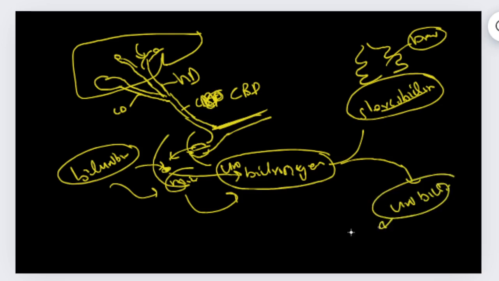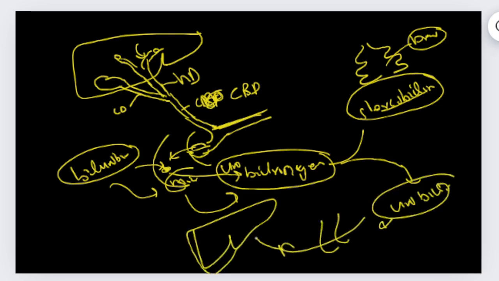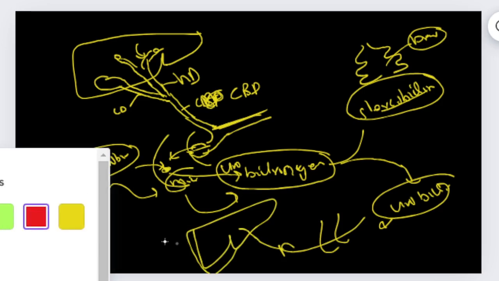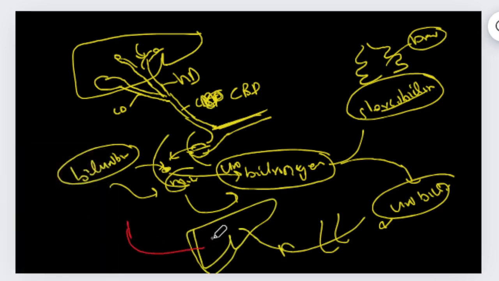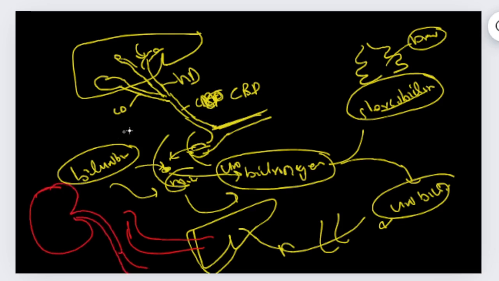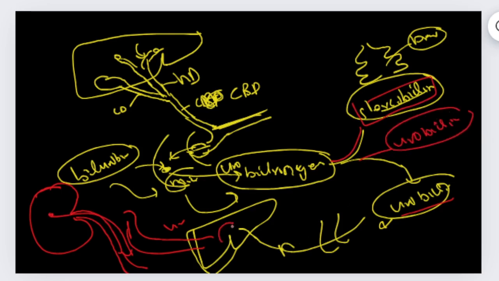Urobilinogen is absorbed from the small intestine, moves to the portal vein system, and again into the blood, and ultimately moves to the kidneys. Urobilinogen also moves to the liver, and from there it is converted into urobilin and excreted by the kidney as urine. So urobilinogen is converted into stercobilin, and urobilin is excreted as urine. Some is regenerated and moves like this.